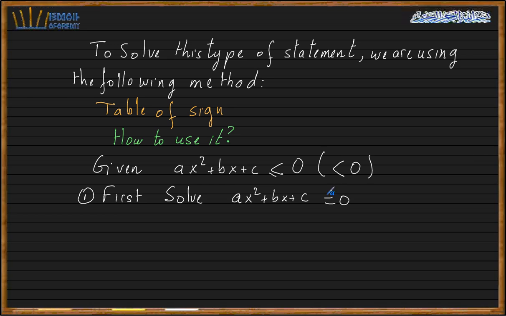When you solve this, you are going to get either two zeros, that means two numbers, or one, or none. We will see those cases later on. So let's assume you got two zeros. Either they are equal or they are different.